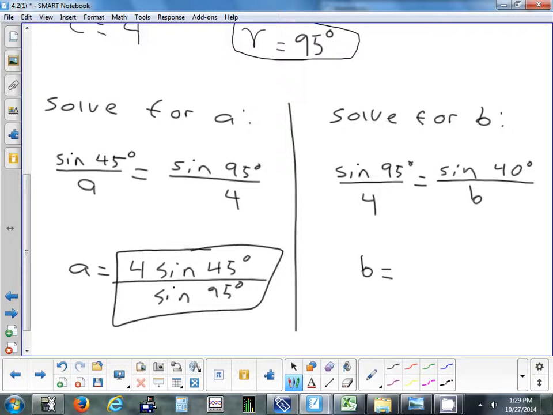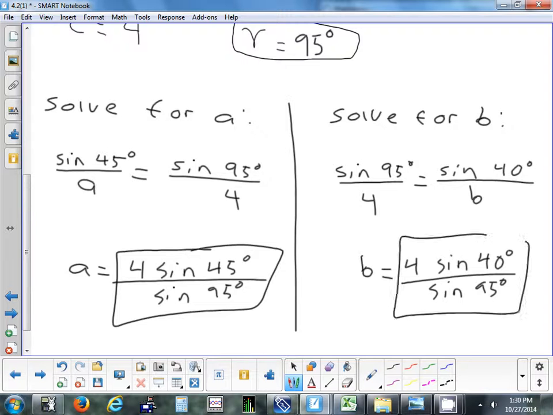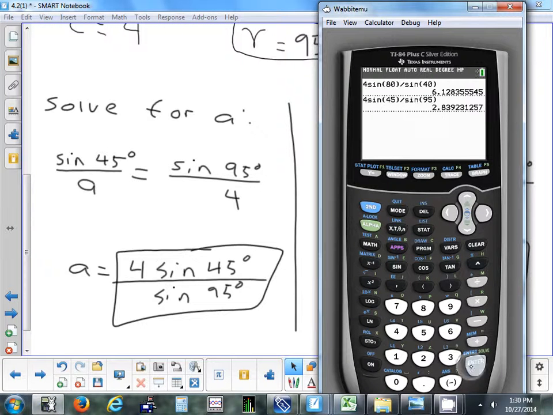Somebody tell me what B will come out to? 4 times sine 40 divided by, yeah. So if you can just pull up the last thing you typed in on your calculator, all you have to do is change one number. Change 45 to 40. We get 2.581.